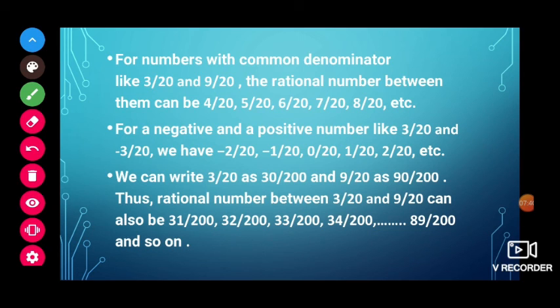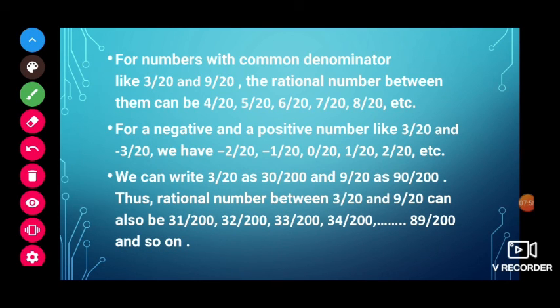Now one more method we have. What is that? We have 3 by 20 and 9 by 20. 3 by 20 we can write as 30 by 200; multiplying both numerator and denominator by 10, we get 30 by 200. And 9 by 20 we can write as 90 by 200.